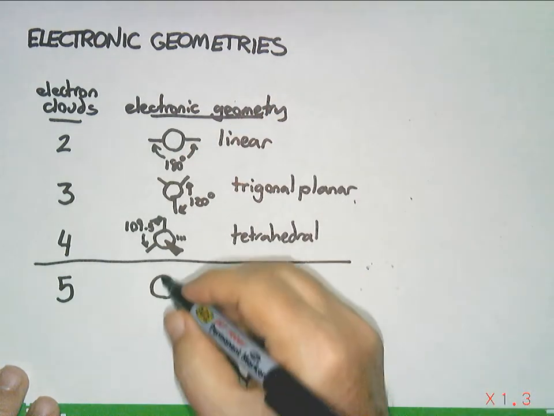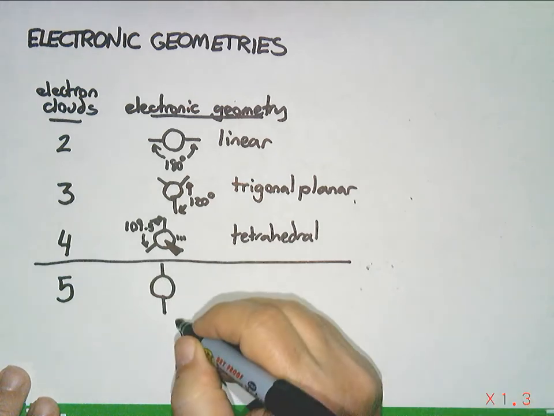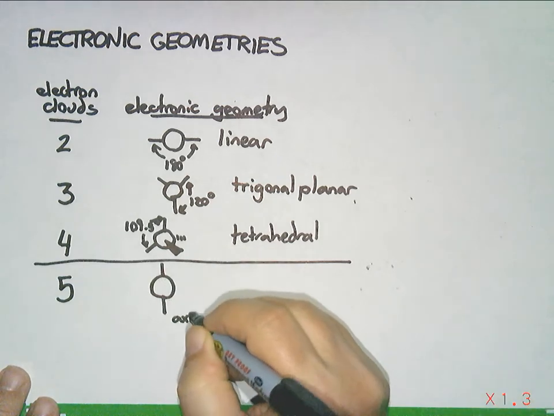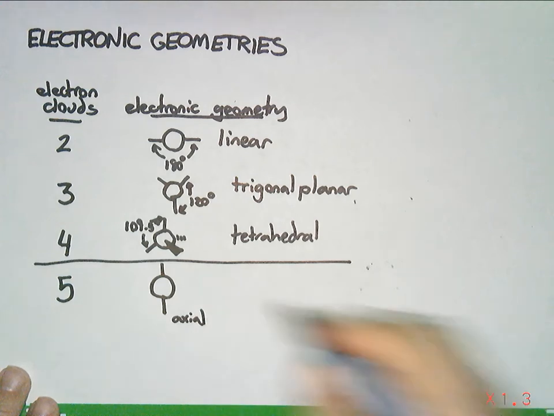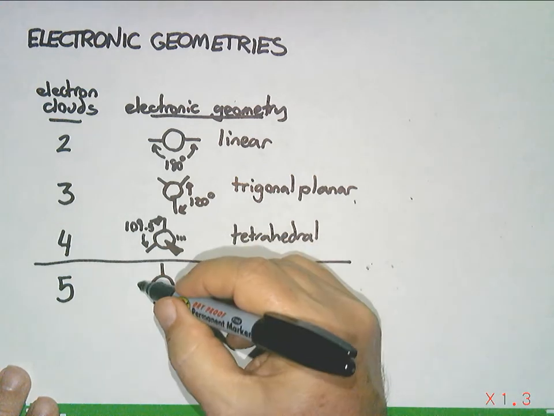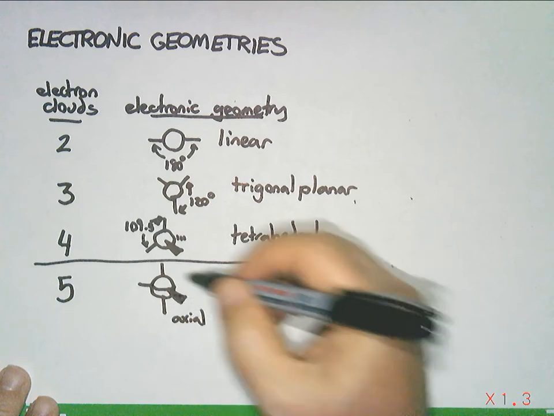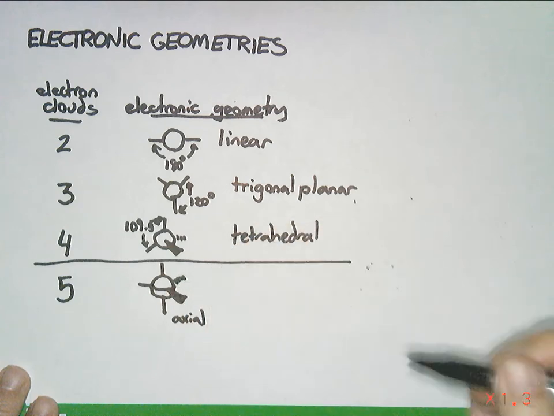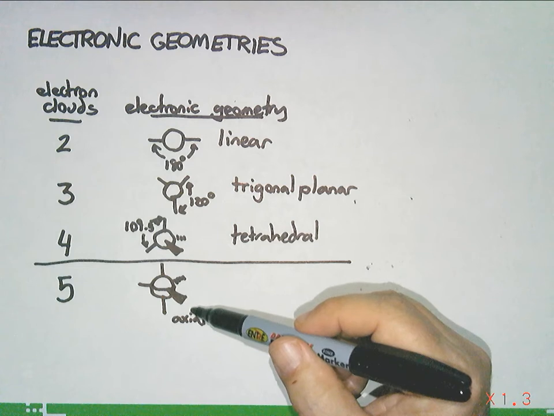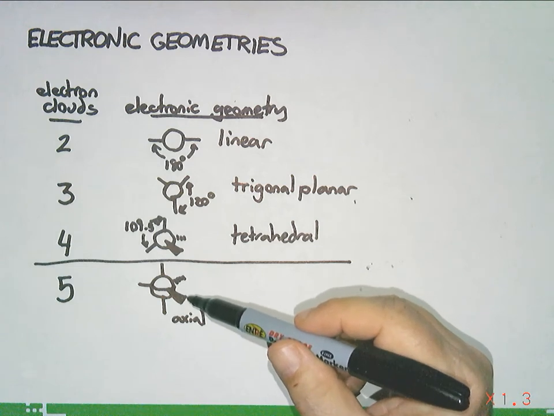planar shape. The linear shape will go through the poles, and we'll call that the axial positions. And around the equator, you've got the trigonal planar shape. So one of these is going to come out at us, and one is going to go back in. Remember, we're following the organic chemist's convention of drawing a three-dimensional structure.